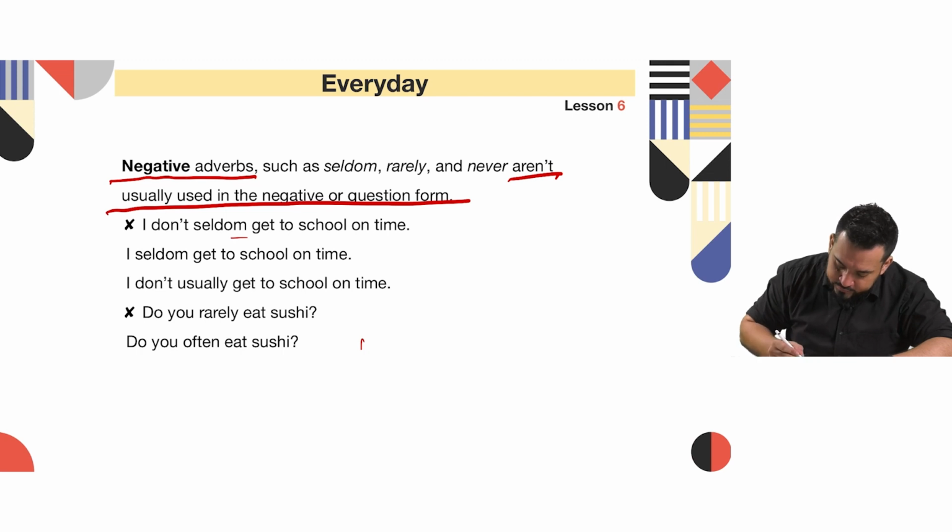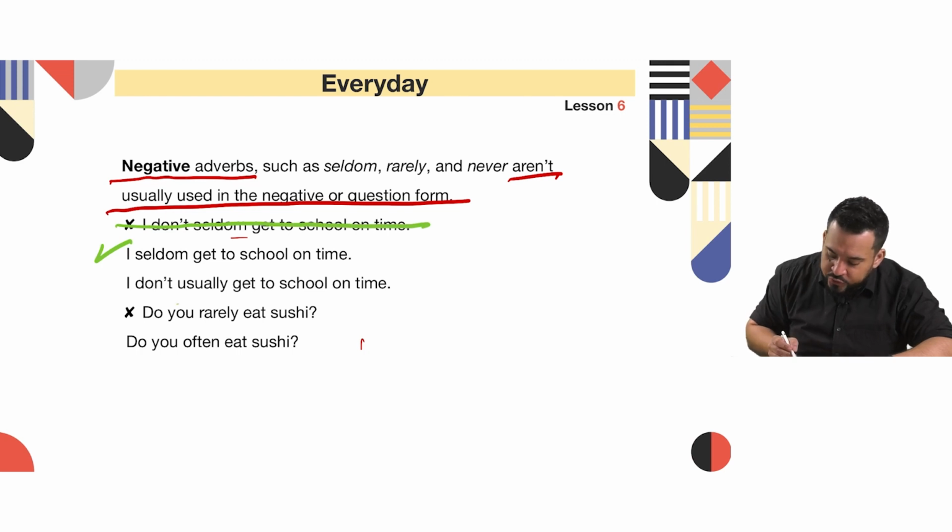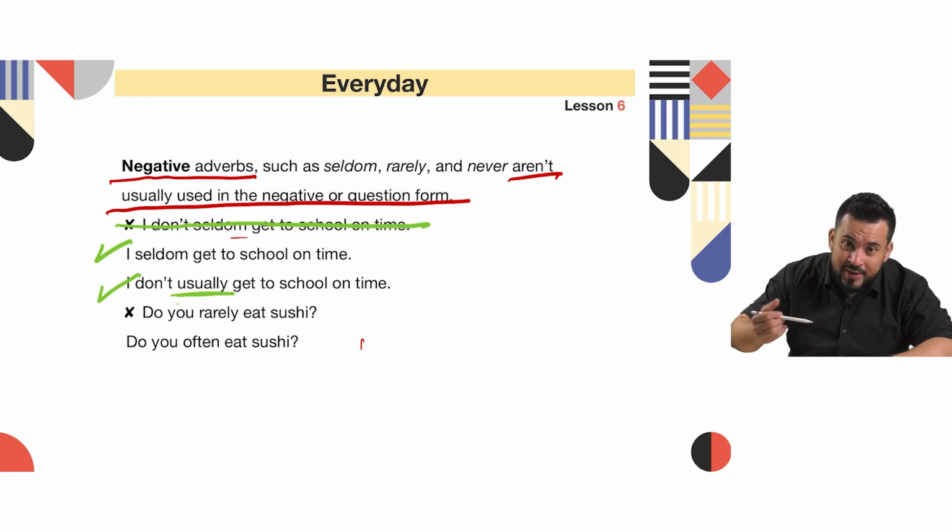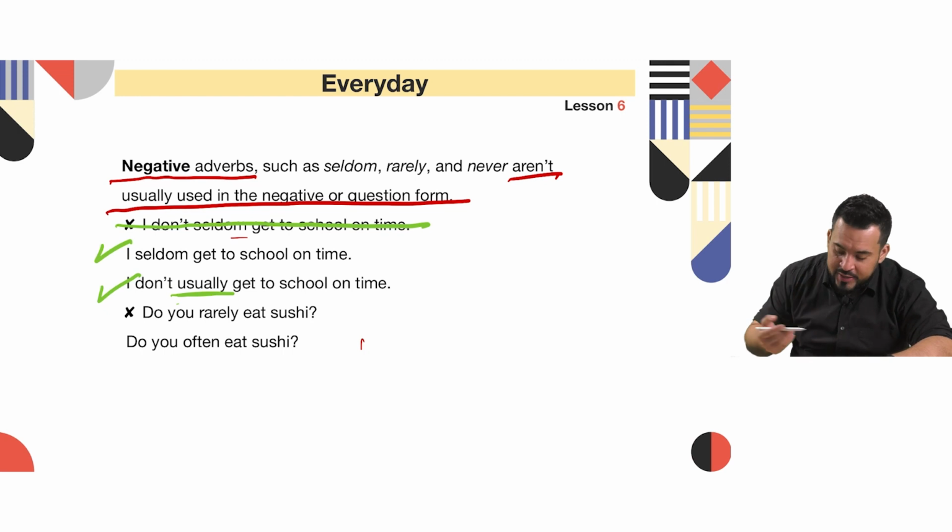I don't usually get to school on time. This one is correct. Okay, why? Because usually is not a negative adverb. Usually is a positive adverb because it happens most often.